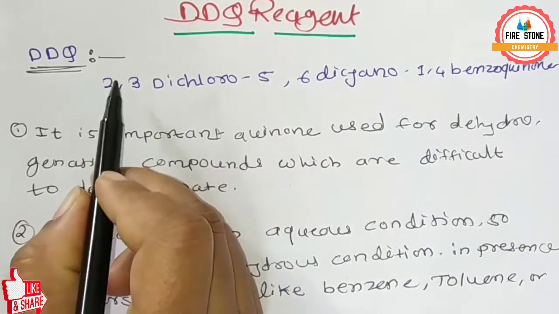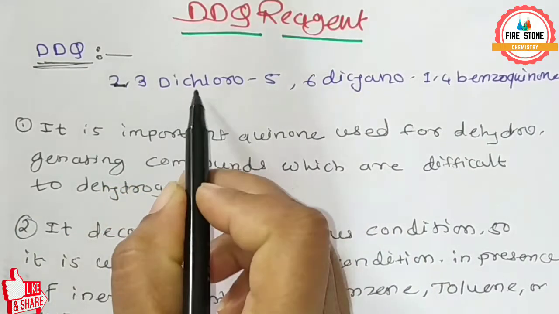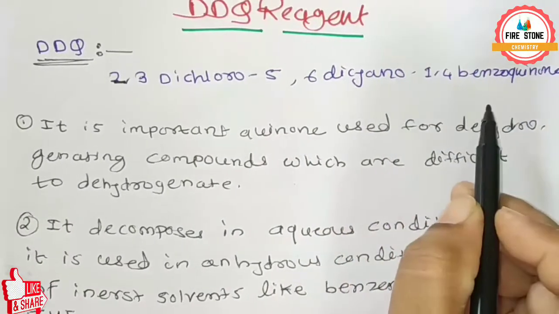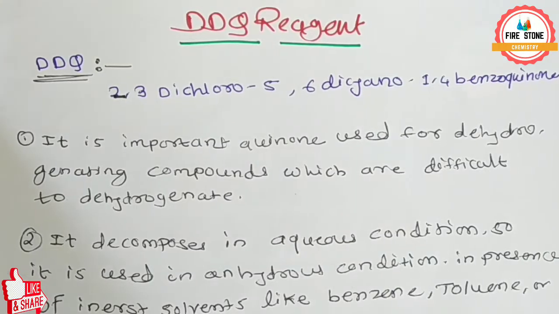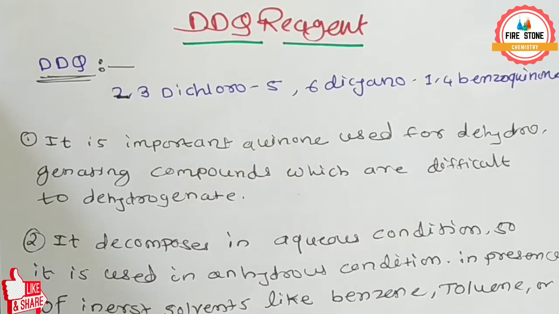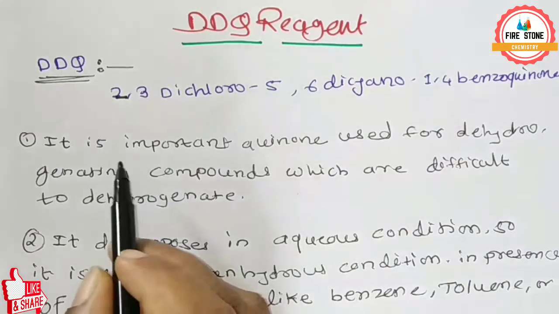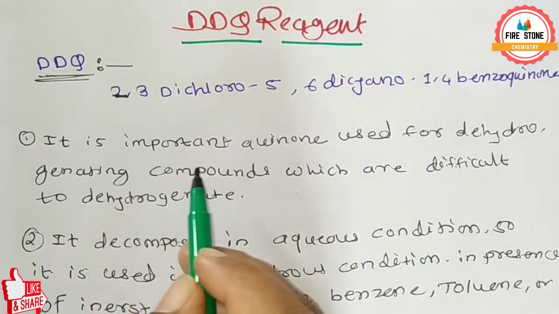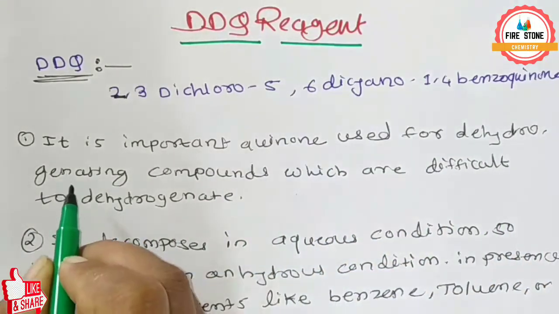DDQ is the short form. The full form is 2,3-dichloro-5,6-dicyano-1,4-benzoquinone. So it is a most important quinone used for dehydrogenating compounds.